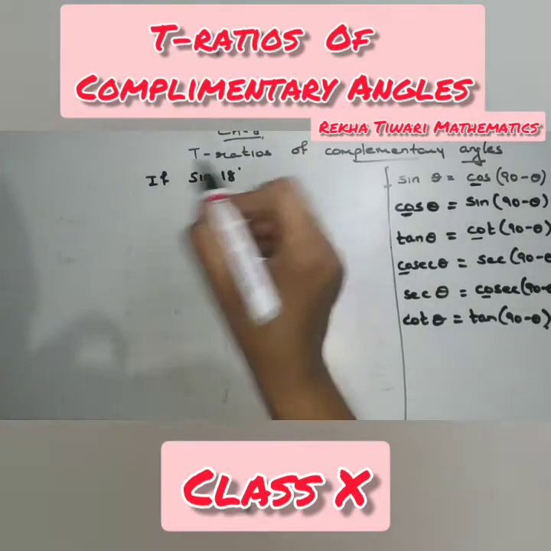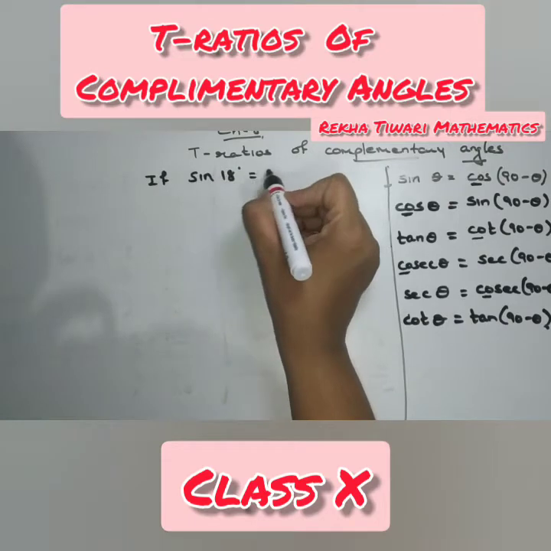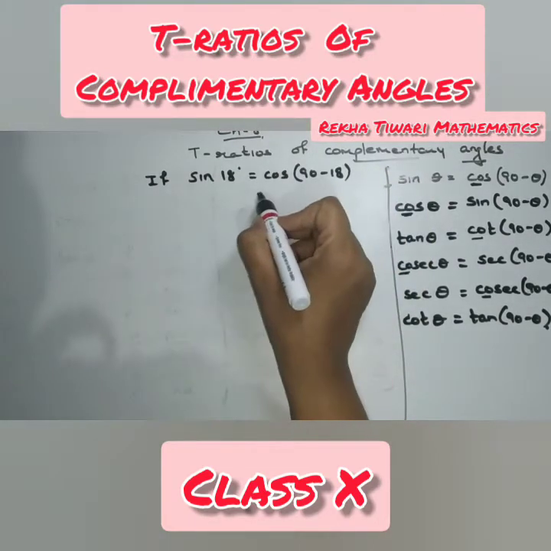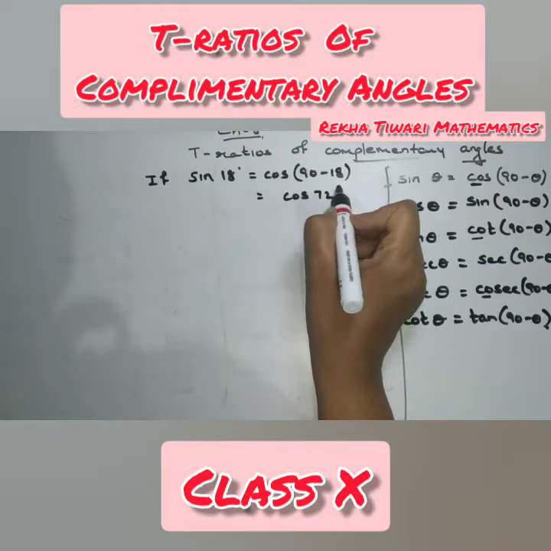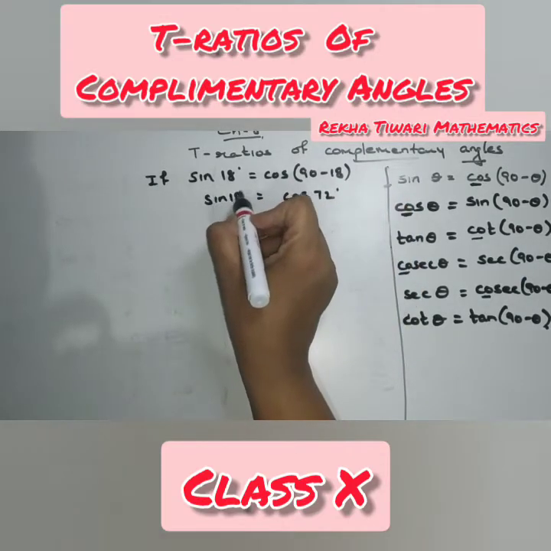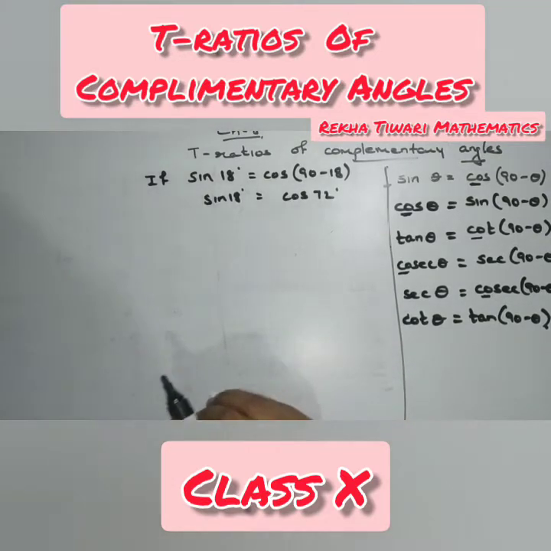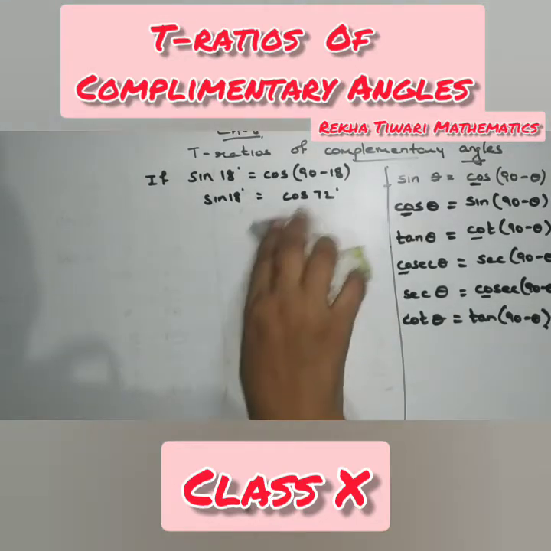But I know that this could be written as cos 90 minus 18, that is cos 72. So whatever sin 18's value is, that is equal to cos 72.